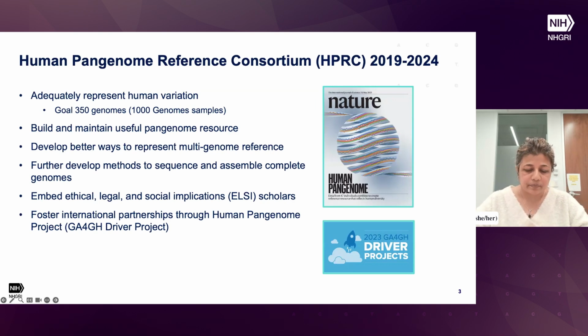Activities included creating a useful pangenome resource for representation, developing a better way to represent a multi-genome reference, developing methods for assembly, integrating ELSI at all stages of the research, and fostering international partnerships through the Human Pangenome Project, which is a GA4GH driver project. Next slide.